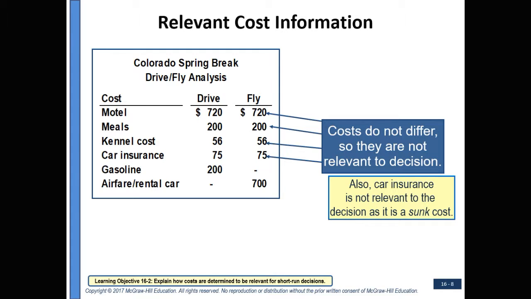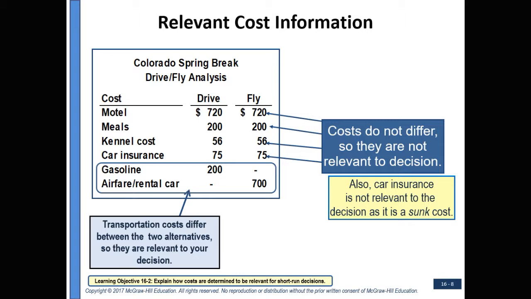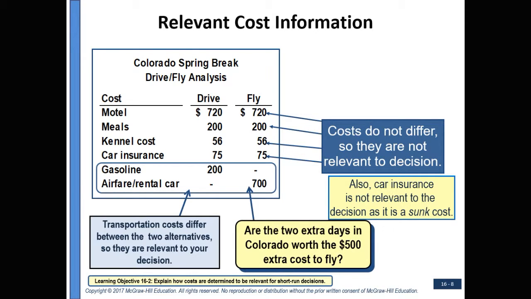The motel, meals and kennel costs do not differ, so they are not relevant to the decision. Also, car insurance is not relevant because it is a sunk cost. It is going to have to be paid regardless. The transportation costs differ between the two alternatives, so those are what are relevant to your decision-making process.